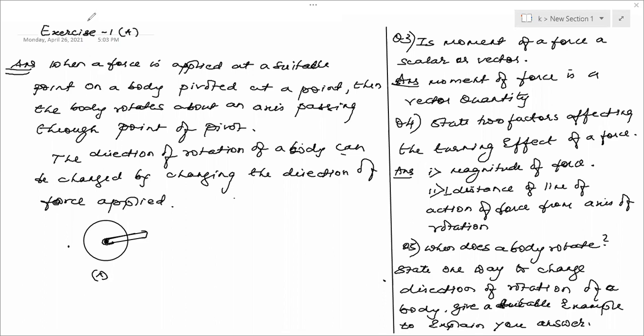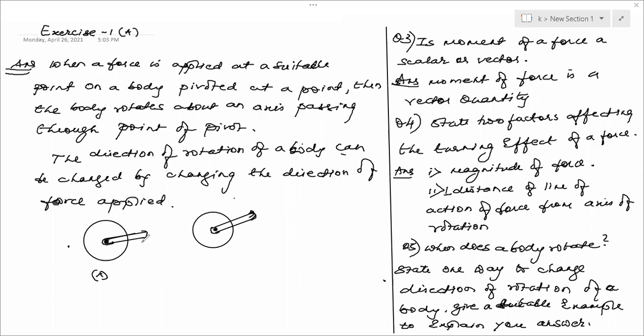And I'll draw one more diagram of the same. Now you can see the same axle I draw. This is the handle of the axle. Now you can see here this axis of rotation. This axle is connected to the axis of rotation.